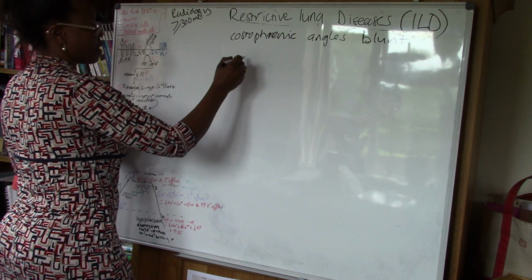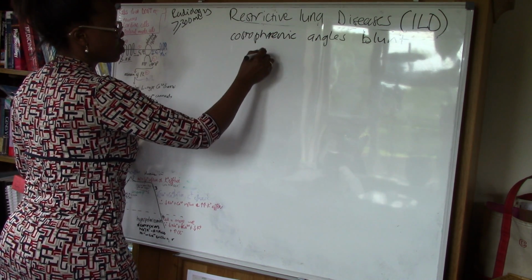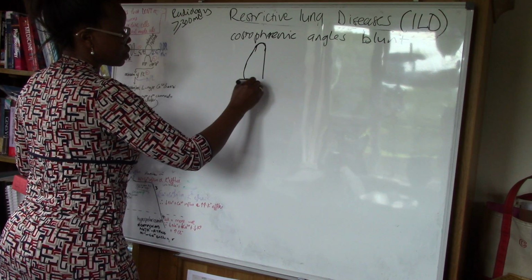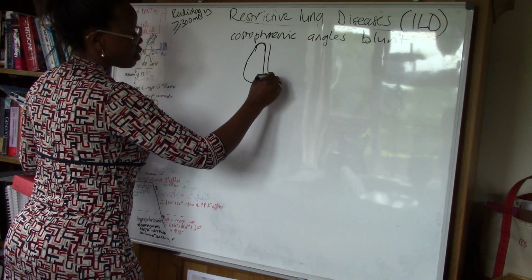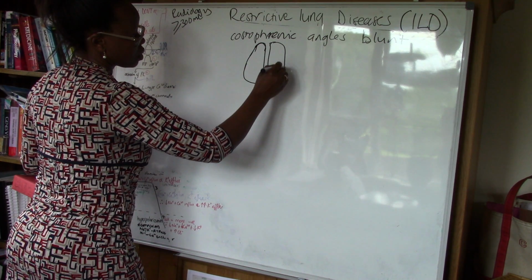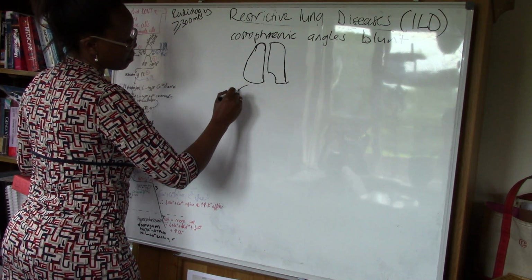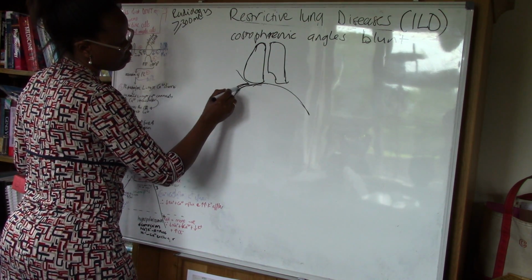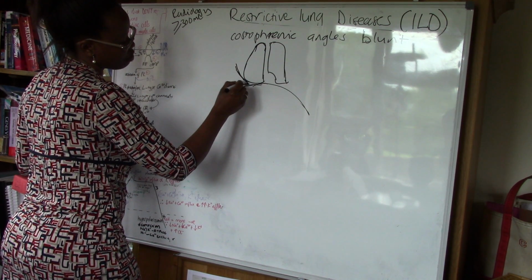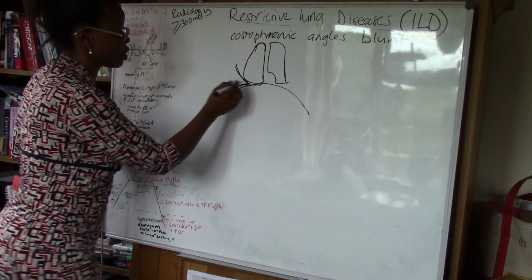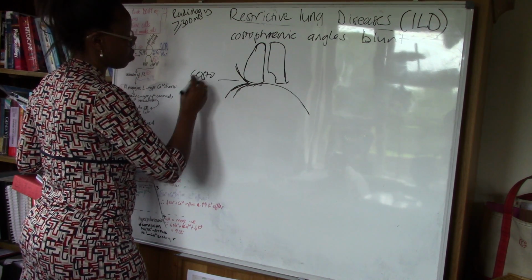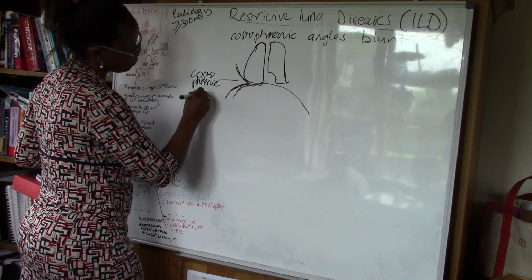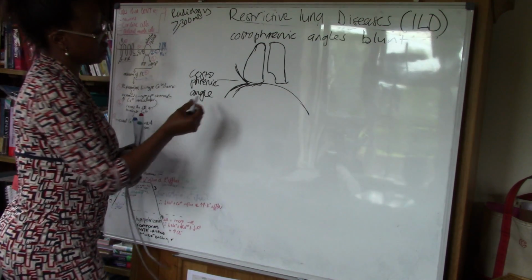What I mean by that is that when you look at a radiology film of the lungs, this being the right lung, and this being the left lung, the diaphragm lies there. And usually you see an angle there which follows the outline of the lung and the outline of the diaphragm, and that is called the costophrenic angle.